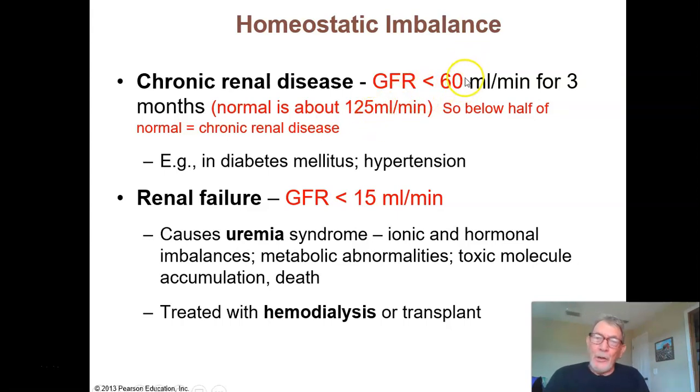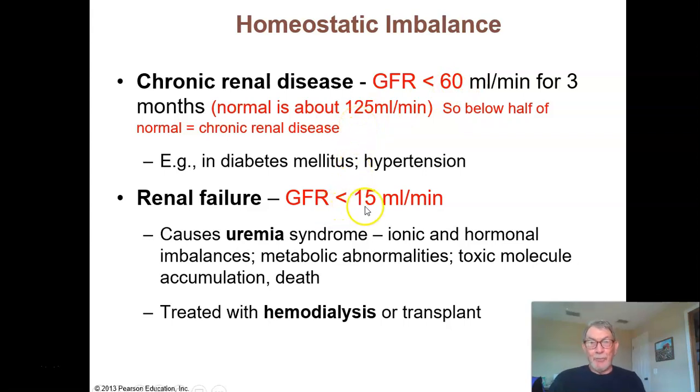If it's 70 or 80, their kidneys are still probably working okay. Although if I had a 20-year-old and it was only 70, I would wonder what's going wrong with them. 70 is pretty low. But it's actually renal disease or early stage renal failure if you get below 60, below half of what you should be.